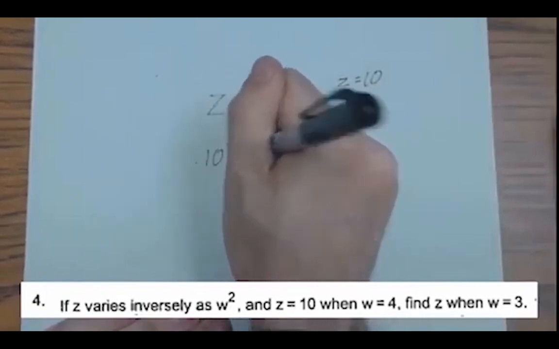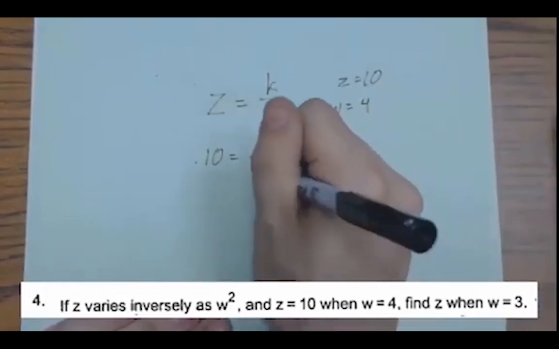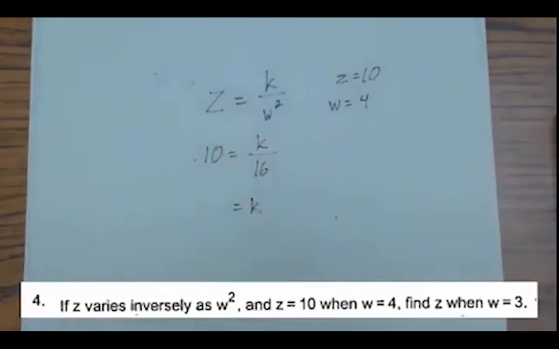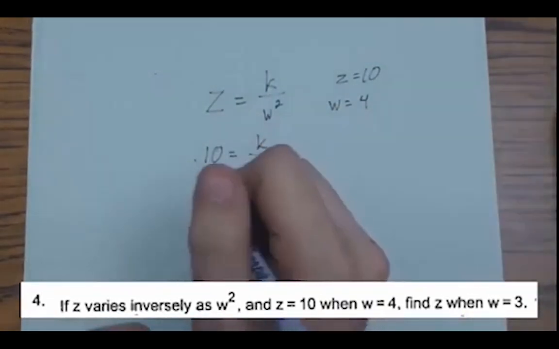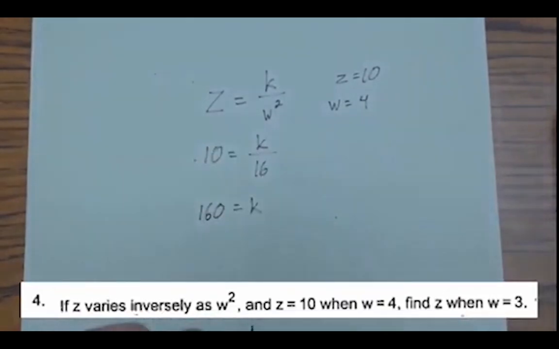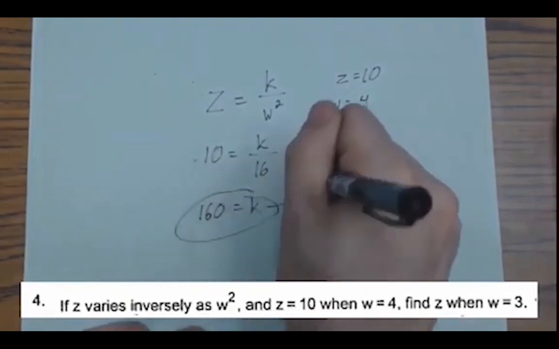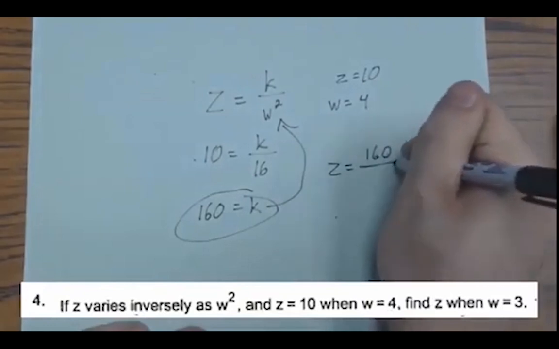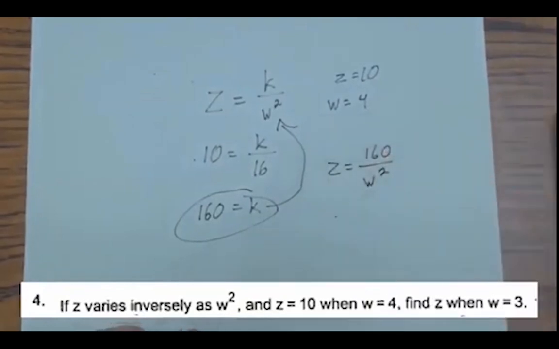Plug in 10 equals k over 4 squared, 16. To solve for k, multiply both sides by 16. That's k equals 160. Plug that back in. Z equals 160 over w squared.